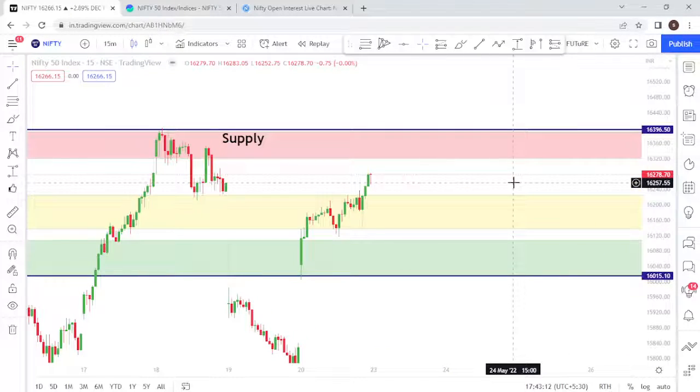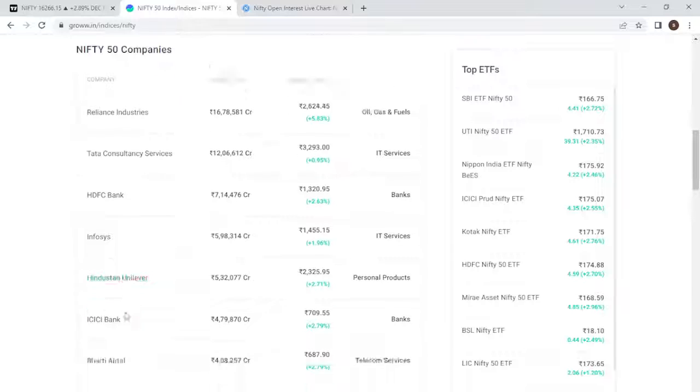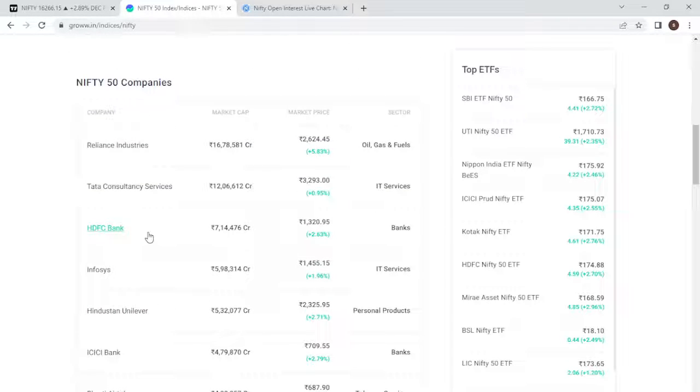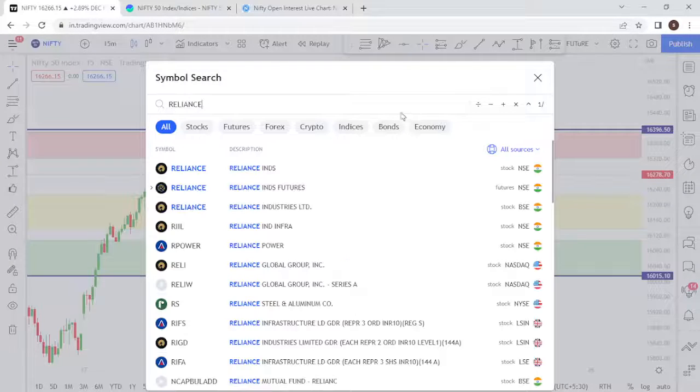What if price opens here, there and where not? Before that, you can also have a look at these stocks, because these are high top weightage of the Nifty. If these stocks are near any particular support or resistance, you need to keep that in mind. Say for example, Reliance Industries, if you see yesterday.